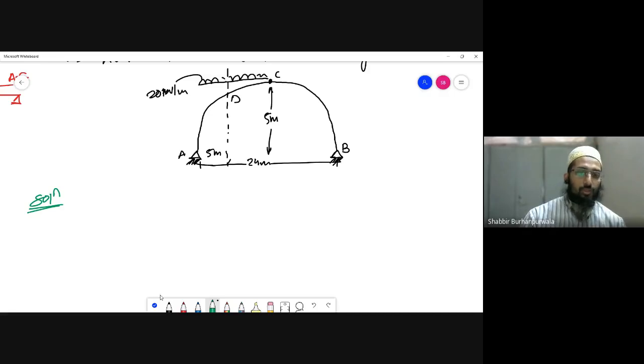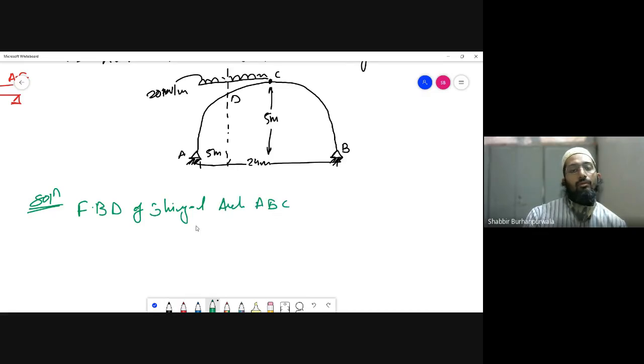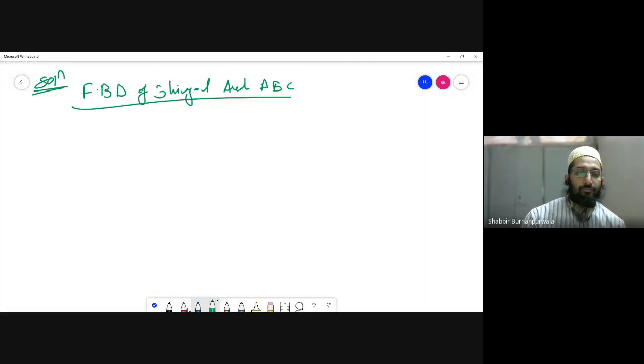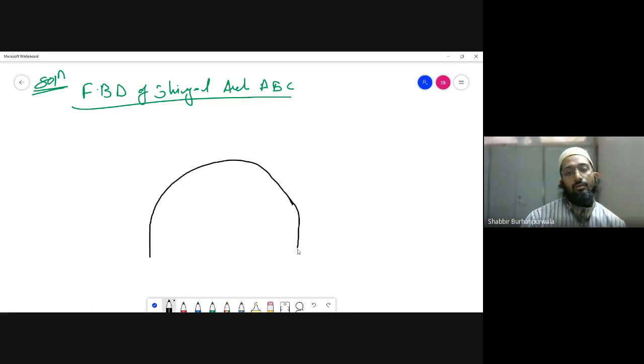Okay, in this solution we are going to again redraw the diagram, but we are going to now make the free body. Okay, so we are basically making free body of the free body diagram, which will look something like this.